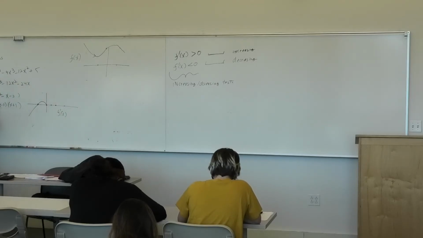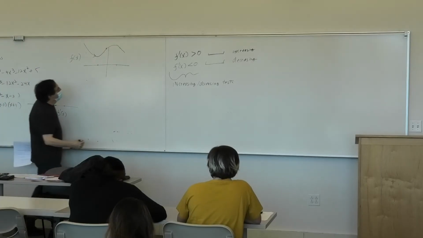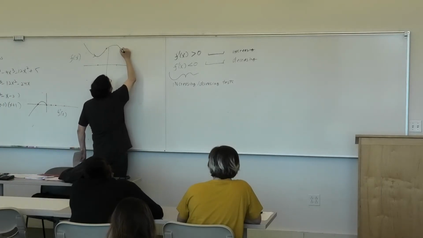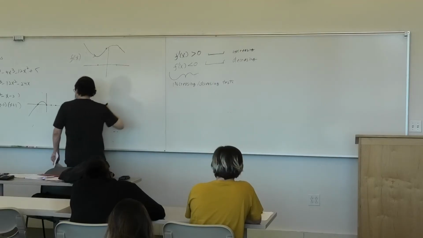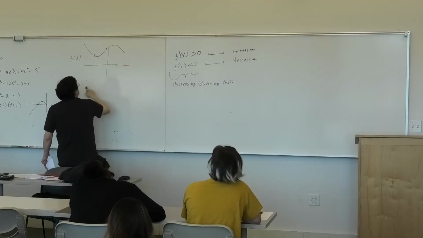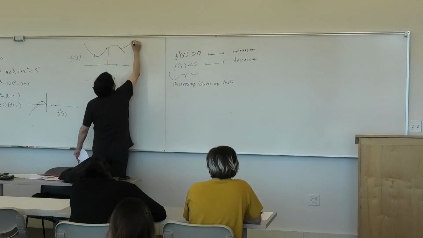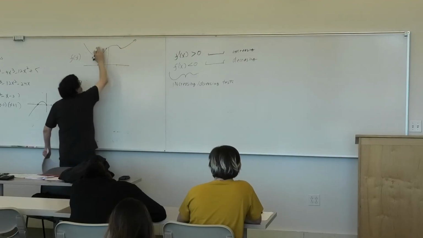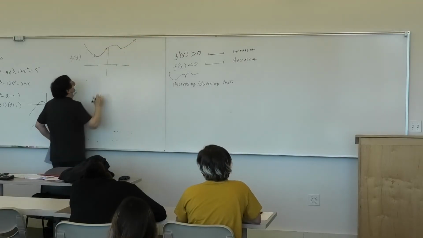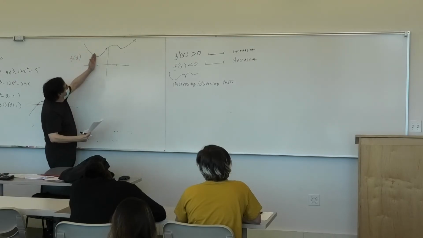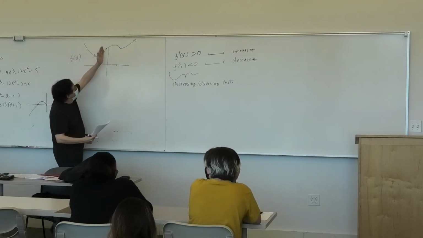Well, we can just pick 2, and it's all positive. How does that happen? I guess at 1, it's going to start moving off. I don't really know much about this, but I do know from here to here it's decreasing, increasing.